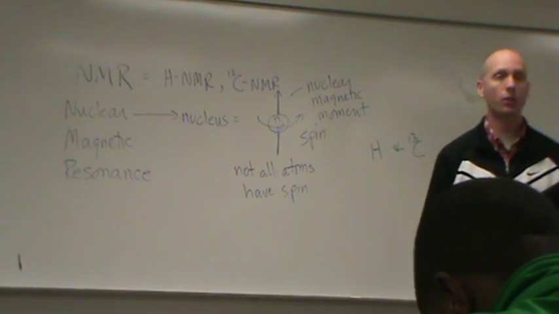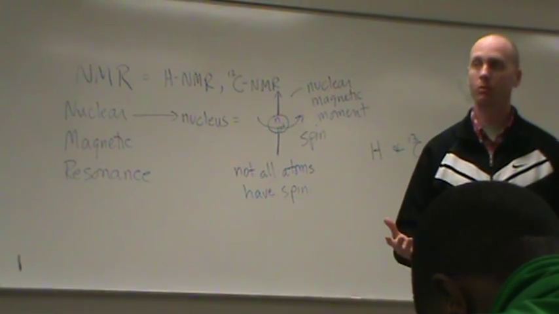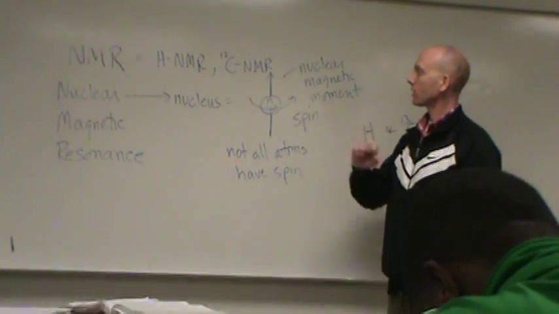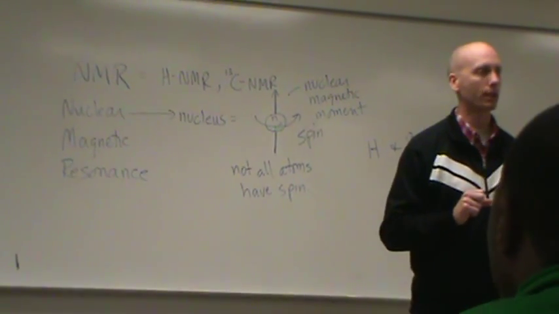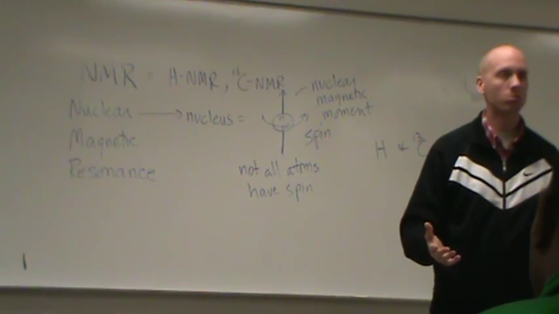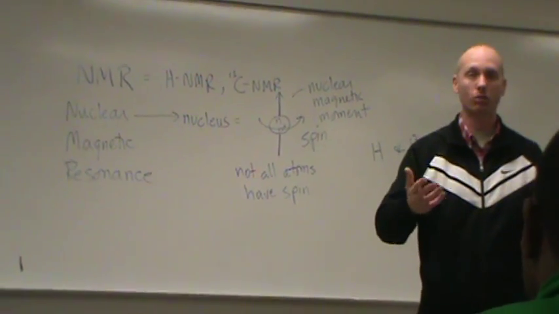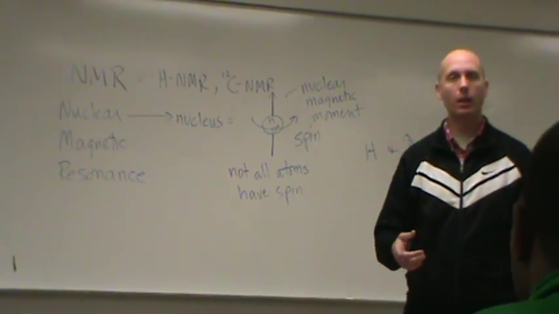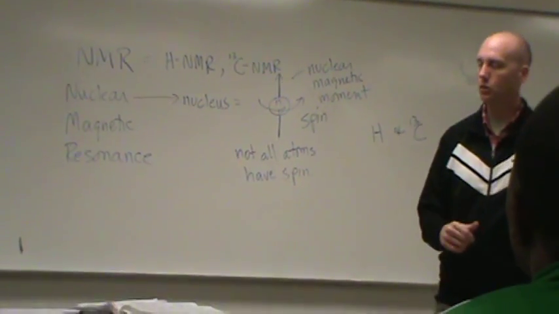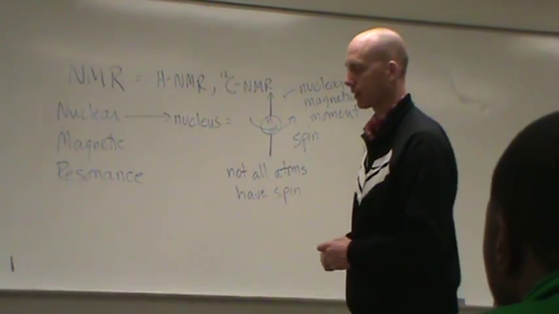And those are to our advantage, aren't they? Because organic molecules have tons of hydrogens in them. So we like that. And organic molecules have carbon in them, so we can look at those. But things like oxygen don't have spin, so we can't look at things like alcohols and that kind of thing. But at least the carbons and hydrogens do. So that's what we're going to focus on in this chapter, chapter 13 of the book.